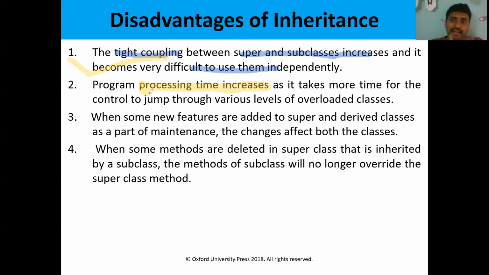The ij values are in class A, so the cursor has to go to class A. This type of implementation needs some processing time. So this is the second disadvantage.